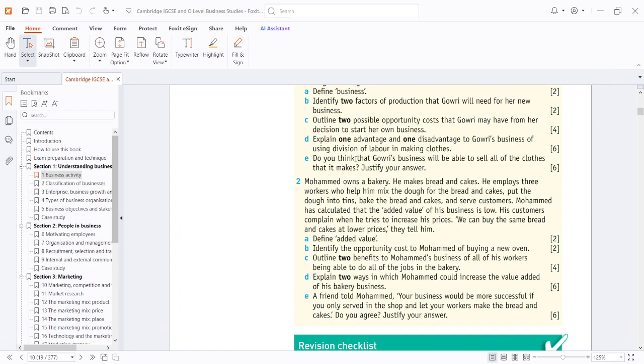2D, explain 2 ways in which Mohammed could increase the value added of his bakery business. Well, there are only 2 ways, which is to increase his prices but keep the cost of bought materials the same, or was it? Give me a moment.